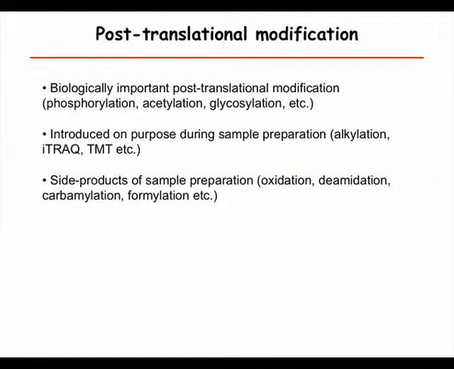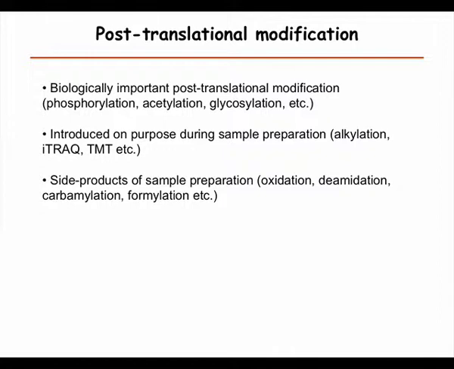For example, we usually alkylate cysteines because otherwise cysteines are quite reactive and might react with other things or stick to the walls or disappear from the analysis. So that's why we usually alkylate them so that they become more stable.